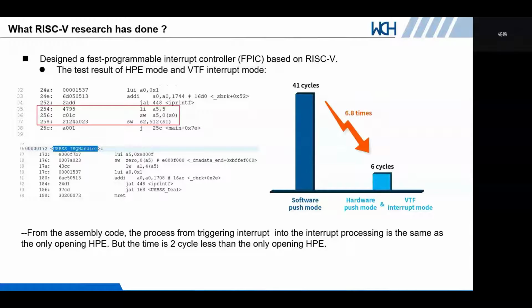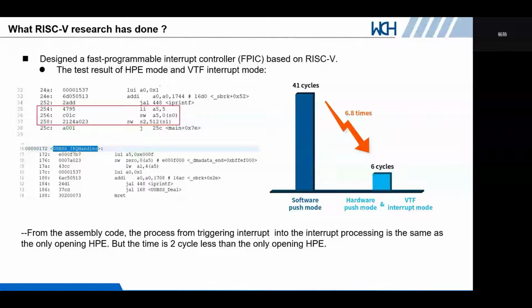When only hardware push is turned on, considering byte alignment in other cases, the VTF interrupt mode does not need to look up the table. That is at least 2 cycles faster, an improvement in the number of cycles on the embedded low-cost processor.